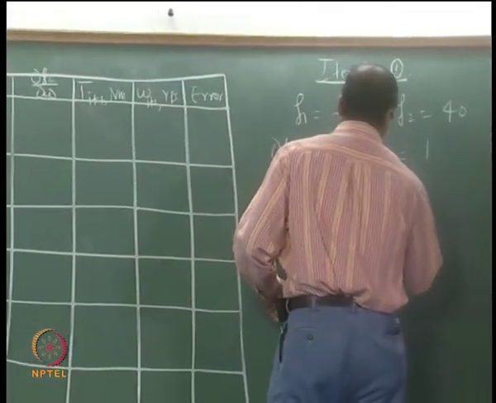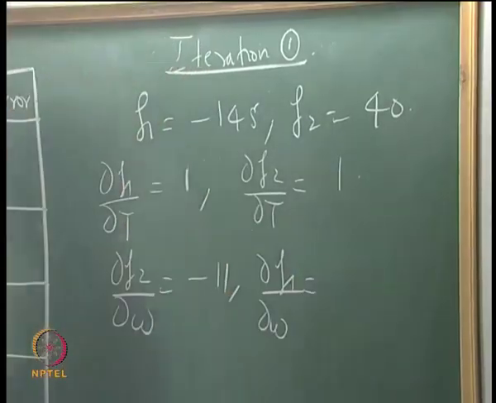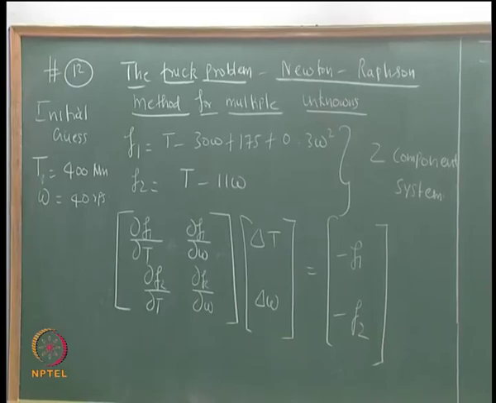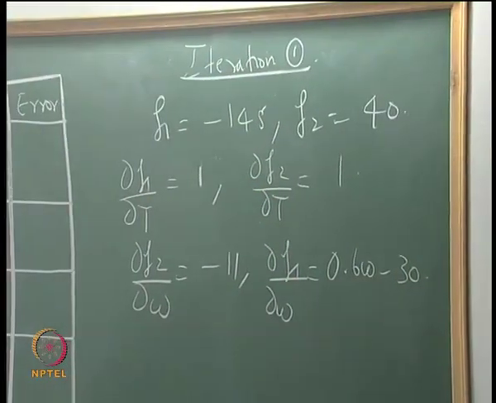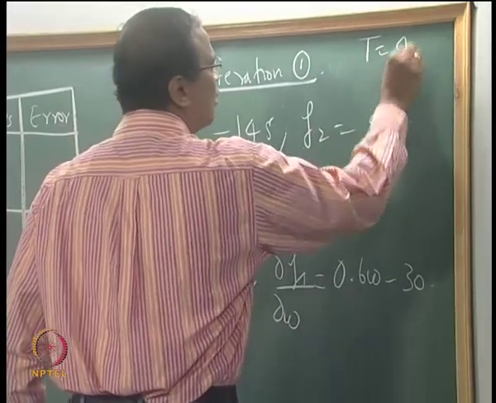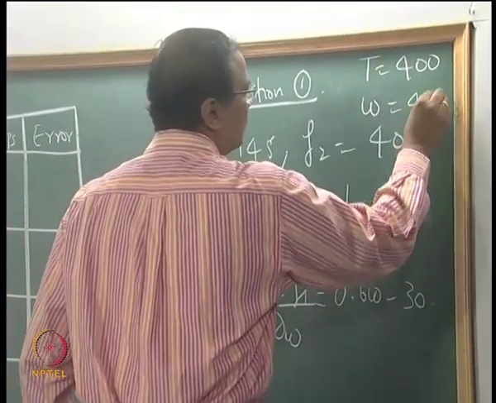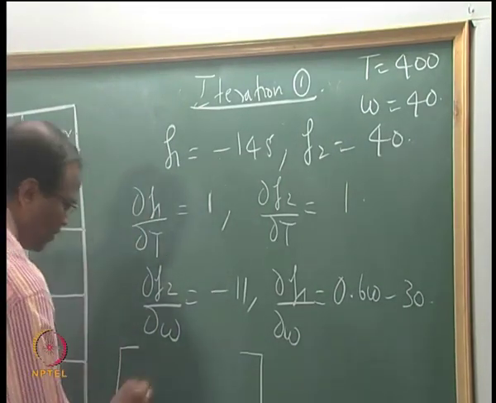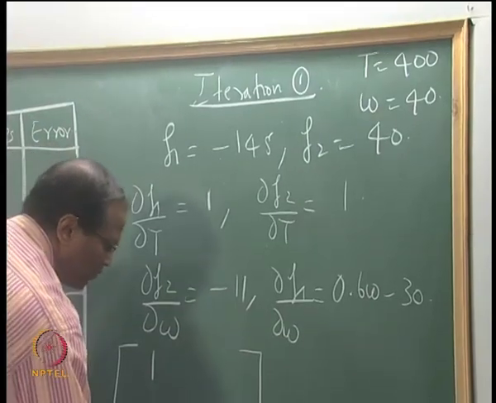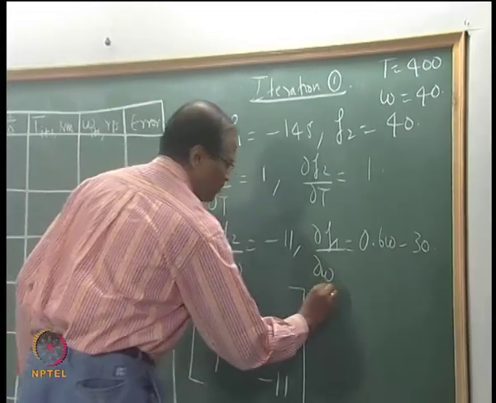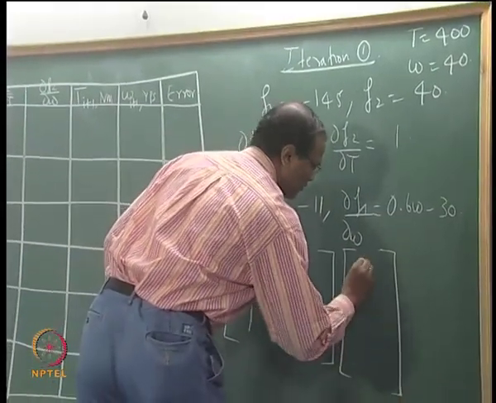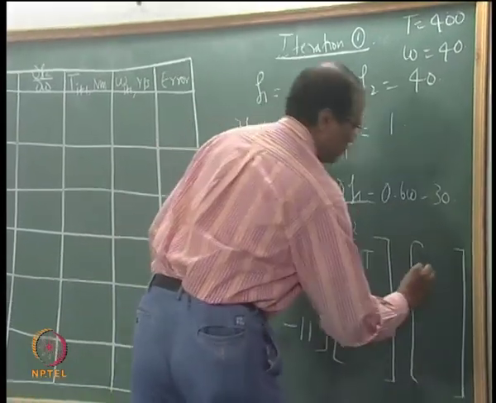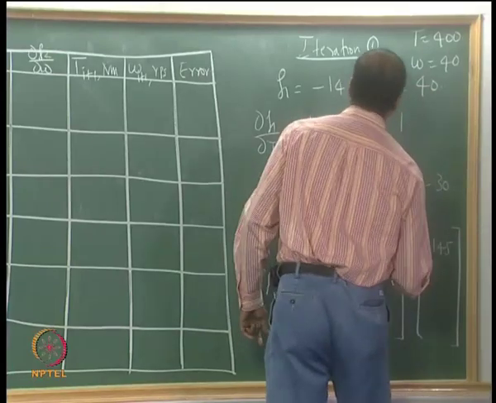So 0.6 omega minus 30. So now you have to say T is equal to 400. Now you have to evaluate these: 1, 1, minus 40, right?